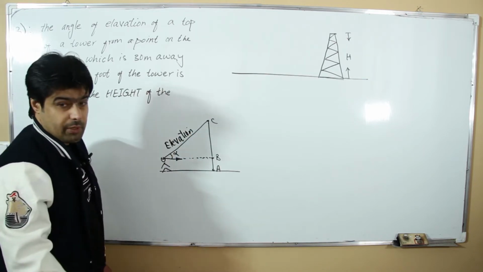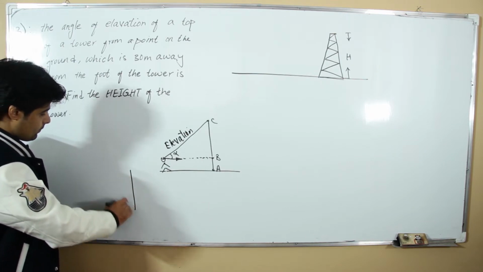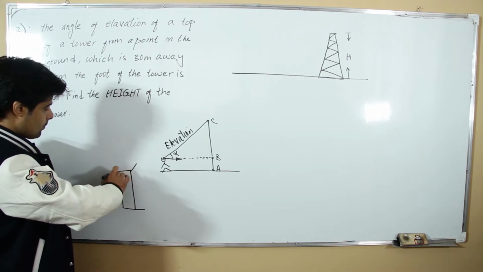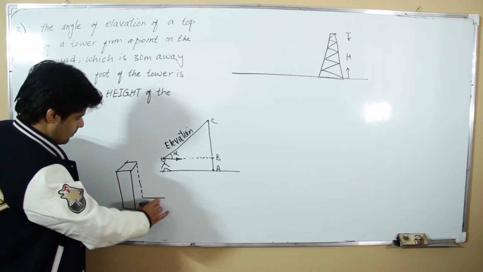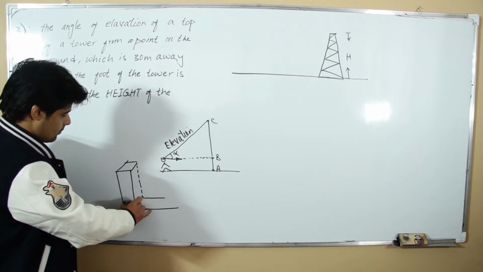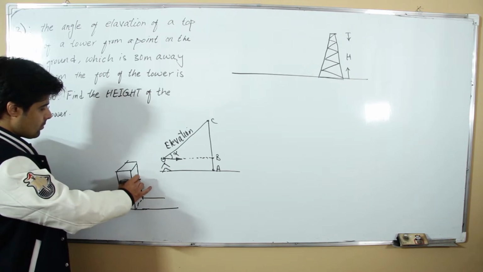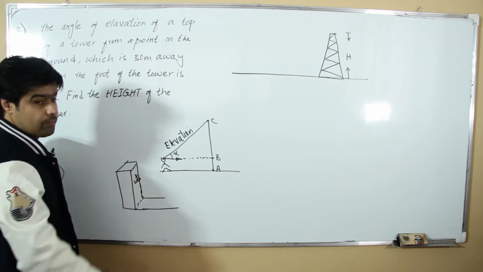Suppose we have here a building. We have a balcony here. Now there is a person who is located on this floor.